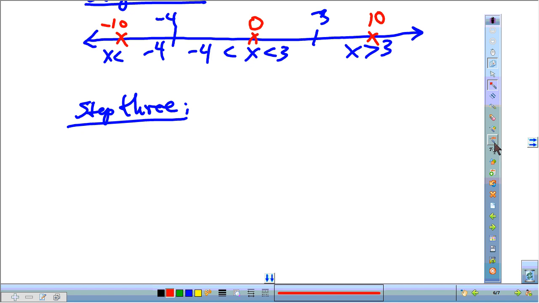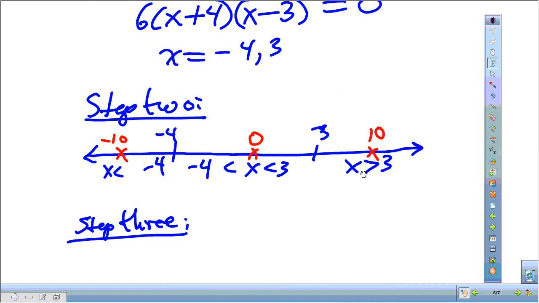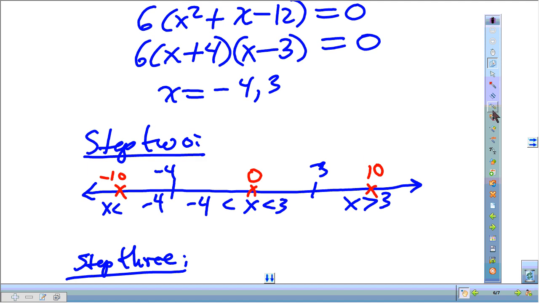So now I need to test our derivative. So 6 and then times x squared plus x minus 12. One of these forms I have up here.